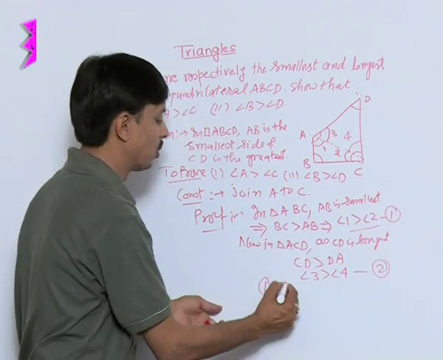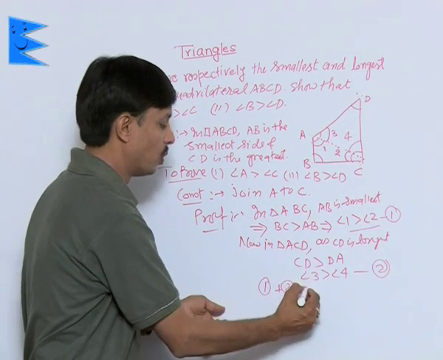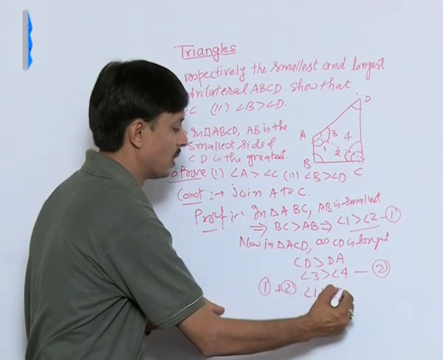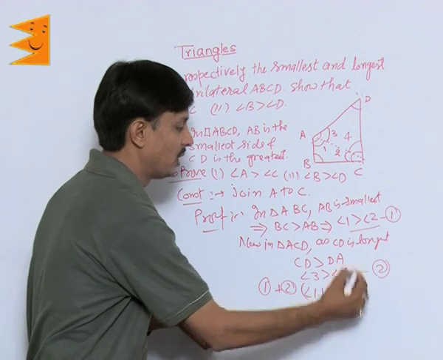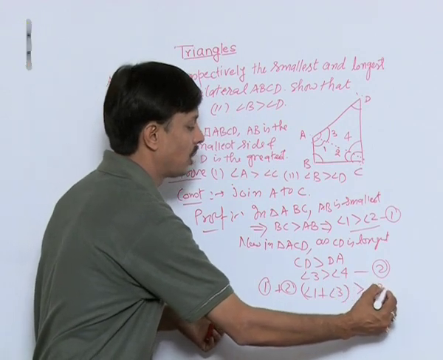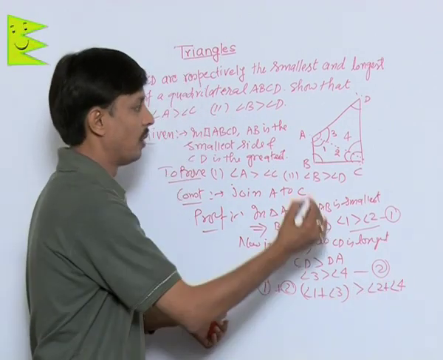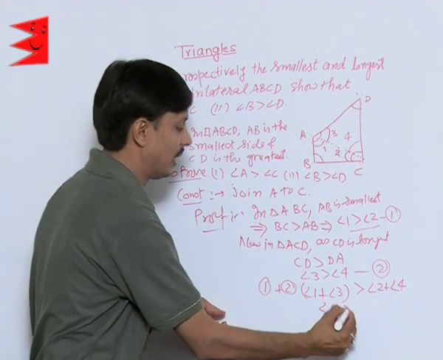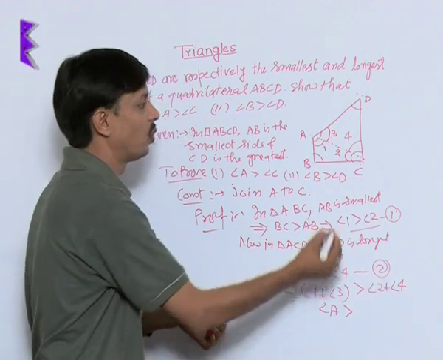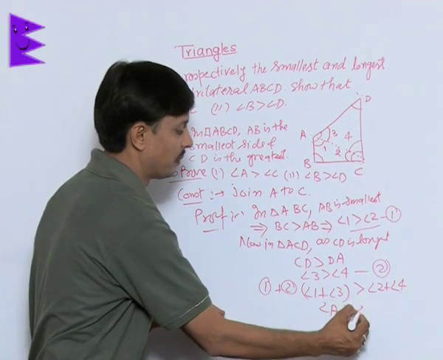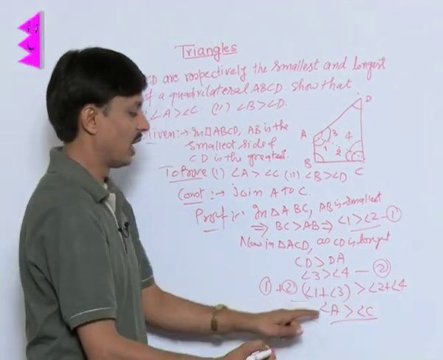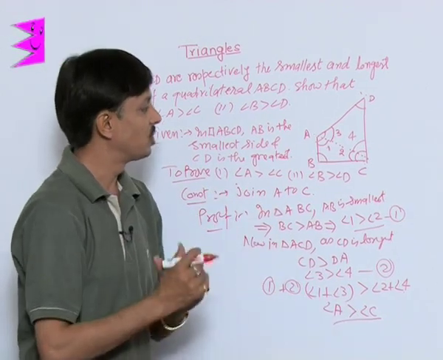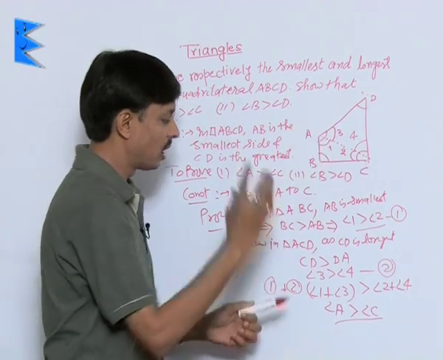If I ask you to add 1 and 2, you can say angle 1 plus angle 3 is greater than angle 2 plus angle 4. But the combination of 1 and 3 gives us angle A, whereas the combination of 2 and 4 gives us angle C. So angle A is greater than angle C. This we can conclude.